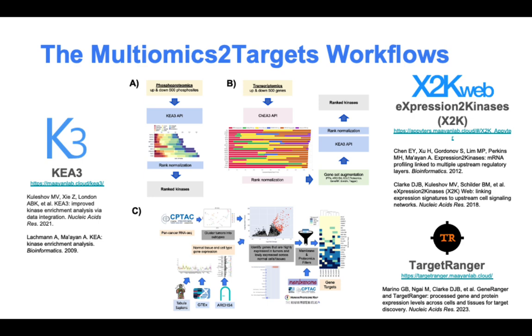So we get essentially a ranked list of kinases prioritized by how abundant their substrates are represented in our up and down data set.